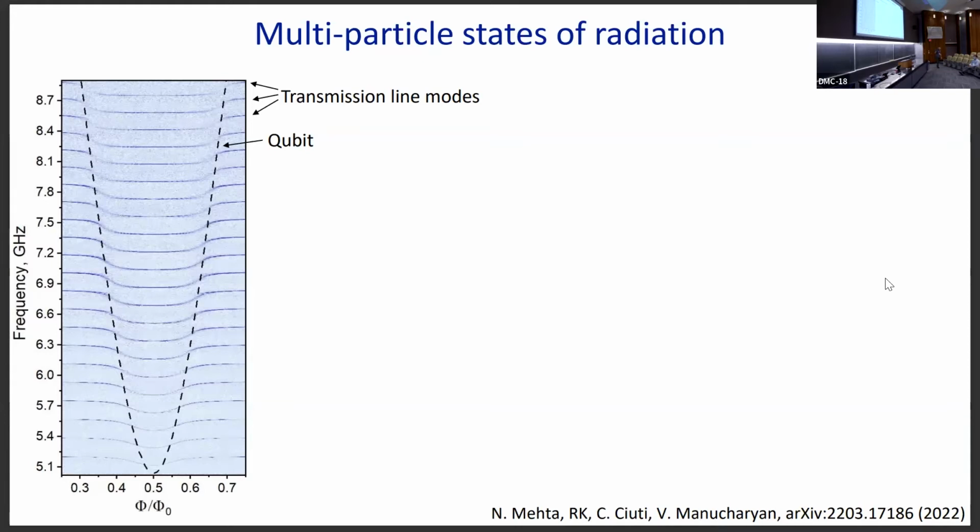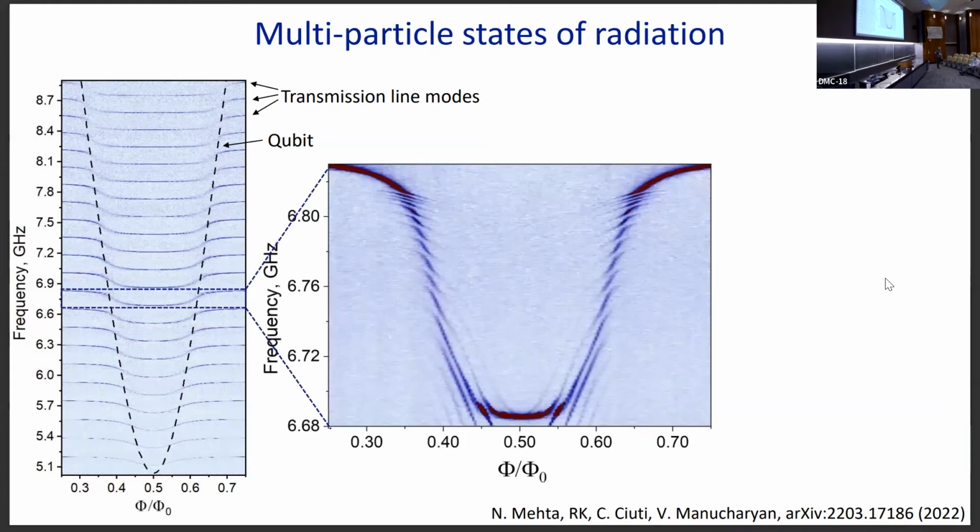But what's more interesting is that if you zoom in on one of the lines, you will see a very interesting fine structure inside those modes. This single photon state actually anti-crosses with some other states, and you see the spacing between these states is very small, much smaller than the free spectral range of the cavity.